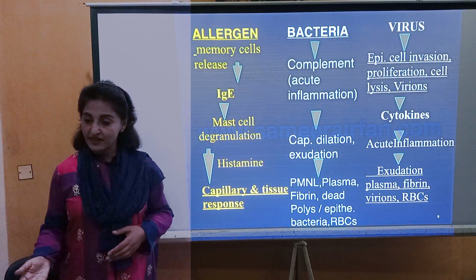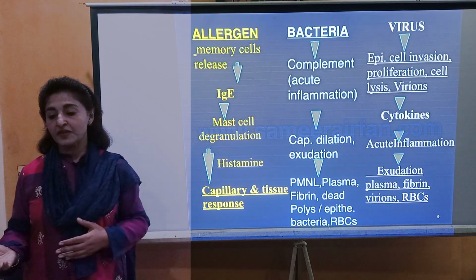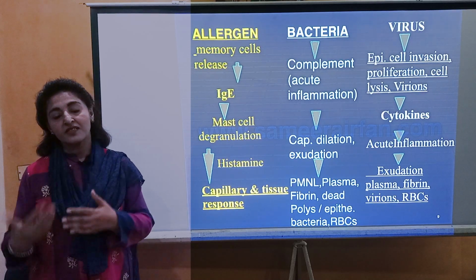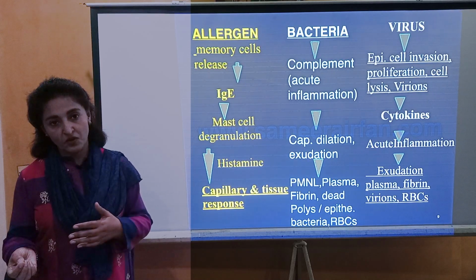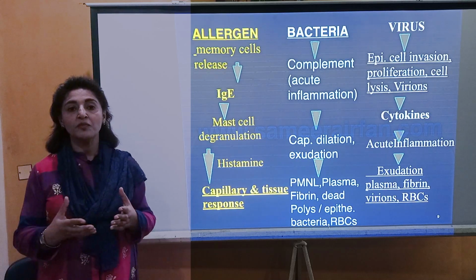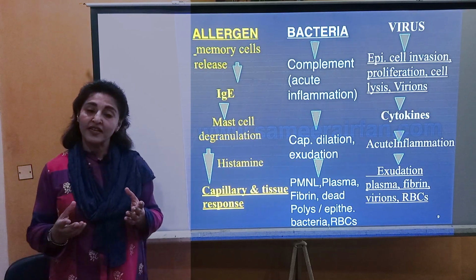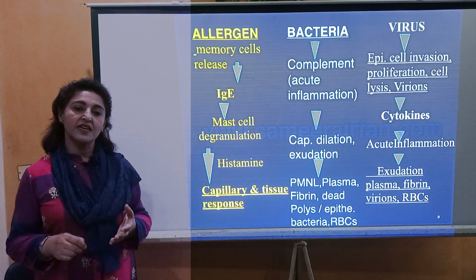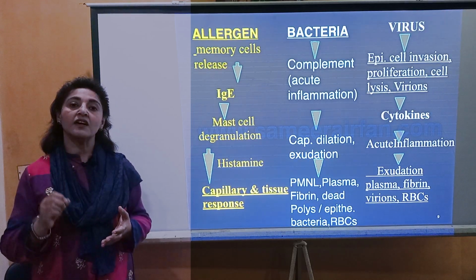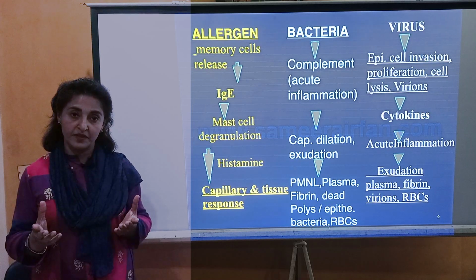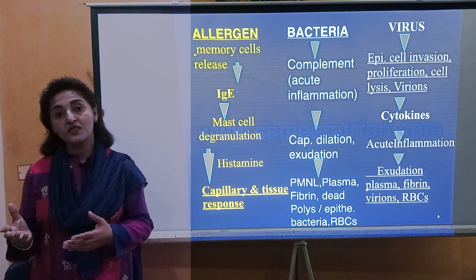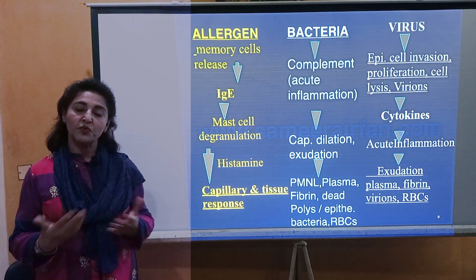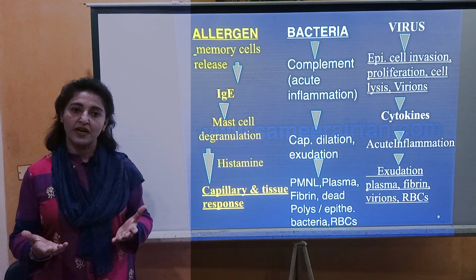Viruses, on the other hand, only cause epithelial cell invasion, proliferation, cell lysis of the involved epithelial cells to form virions. Viruses are parasites. They cannot directly infect an epithelial cell, a healthy epithelial cell. And viruses, because they are parasites, they need a host. They cannot proliferate on their own, multiply on their own.